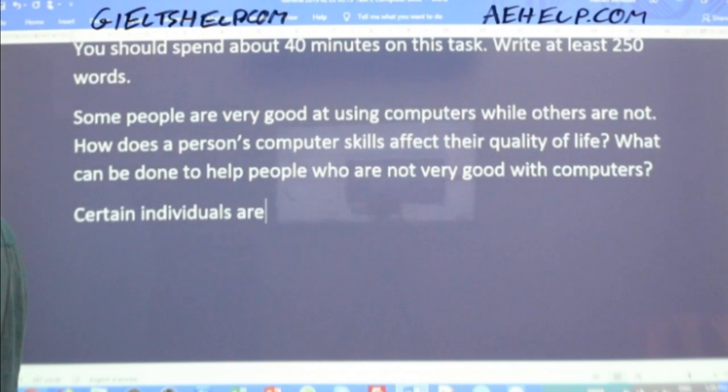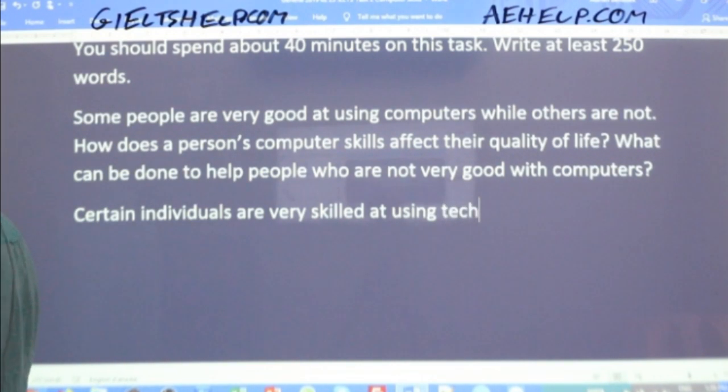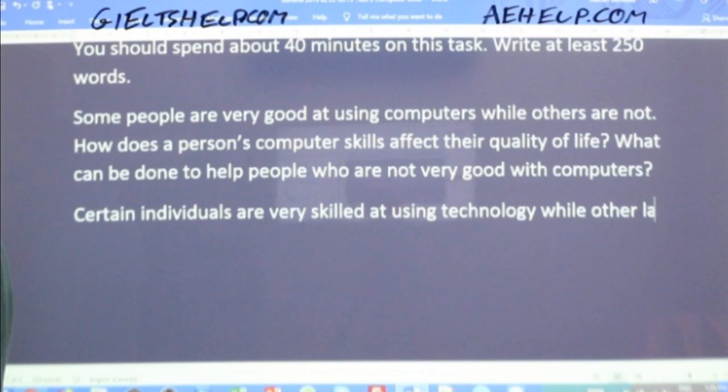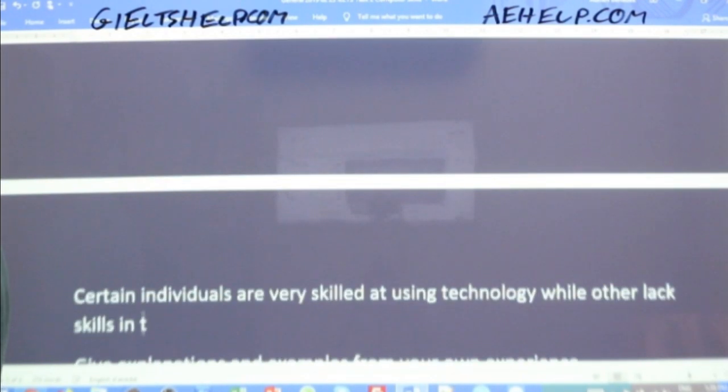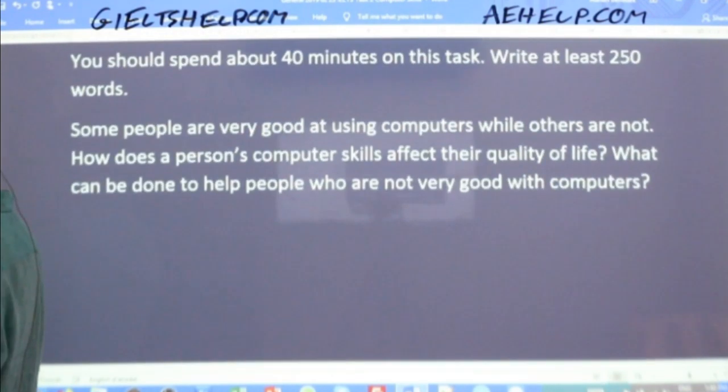So, certain individuals are very skilled at using technology. I'm just going to paraphrase computers that way. While others lack skills in this domain. Okay, of course, I'm always pushing you with new vocabulary.